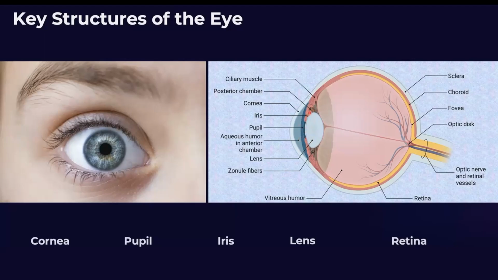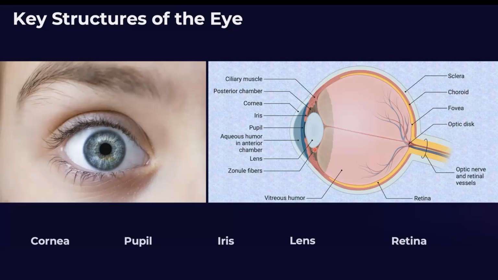Then we have the lens, which is a clear, flexible, biconvex structure located behind the iris that focuses light onto the retina. By changing its shape, it allows the eye to focus on objects at different distances, and it is essential for producing clear vision.